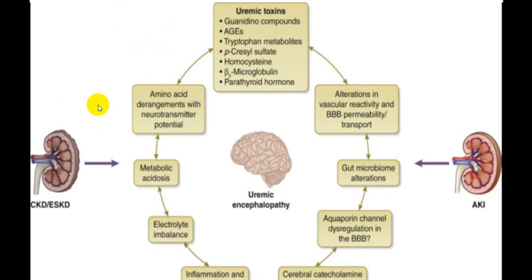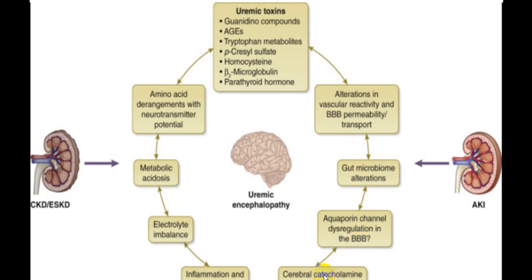And this will be the mechanism of uremic encephalopathy. There are different uremic toxins apart from the urea level being elevated. There will be alteration of the blood-brain barrier system and gut microbiome alteration. Aquaporin channel dysregulation takes place in the blood-brain barrier system.